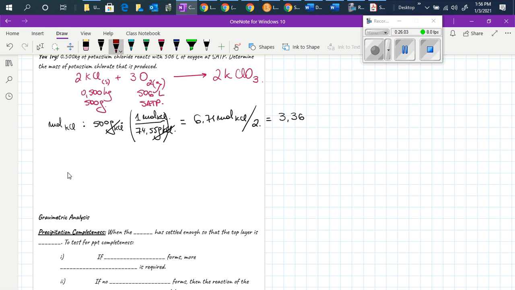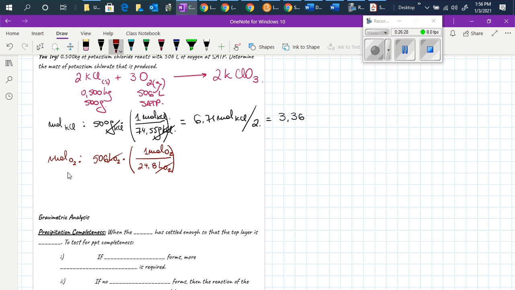And then we move to moles of oxygen at SATP conditions. So we start with 506 liters of oxygen times, using the molar volume, 24.8 liters of oxygen in 1 mole of oxygen.